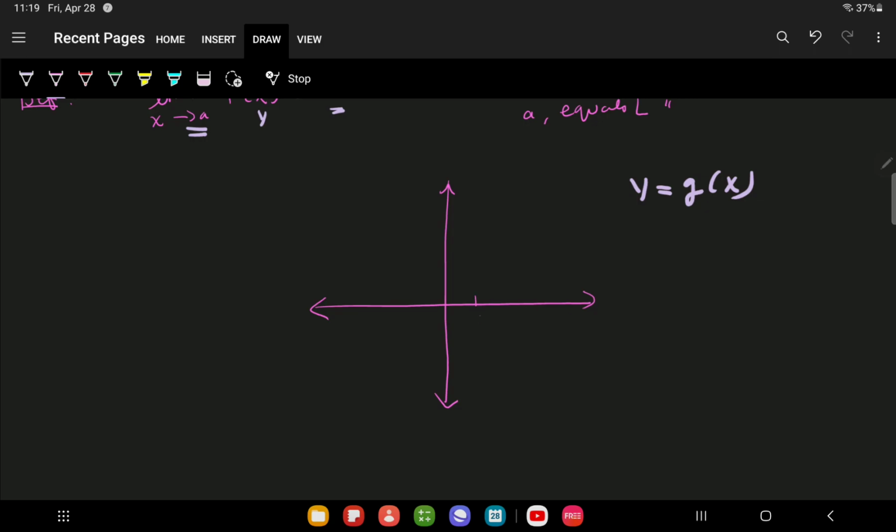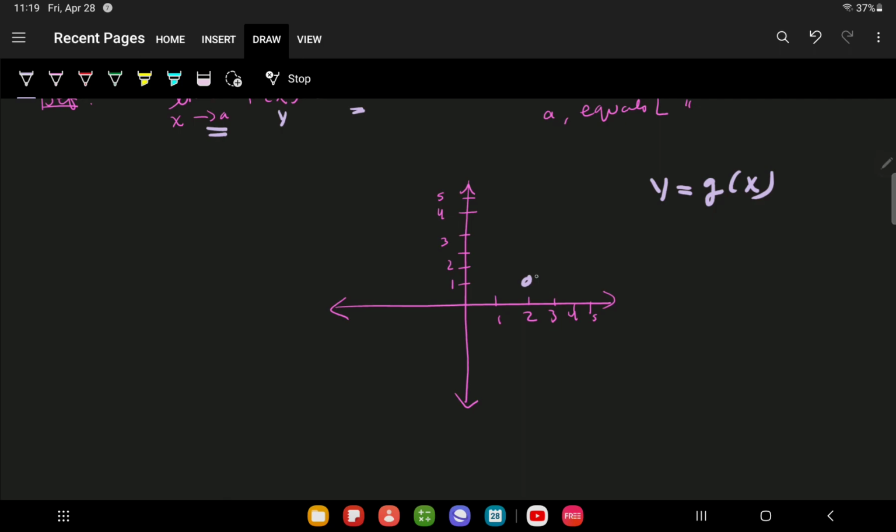Let me do 1, 2, 3, 4, 5 on the x-axis, and on the y-axis, let's call it 1, 2, 3, 4, 5. And we will draw a function here.